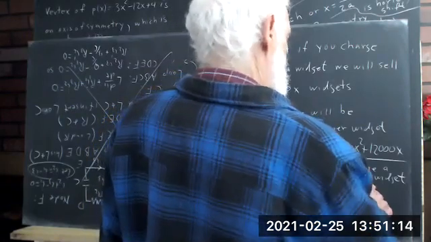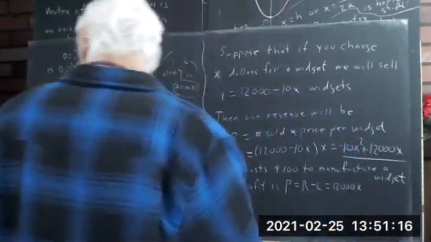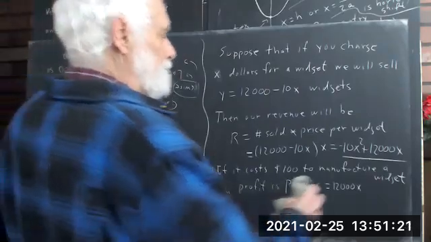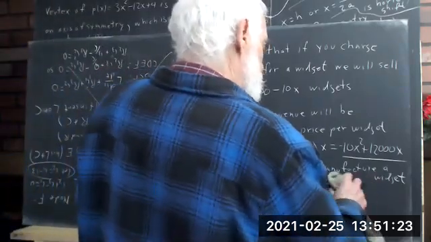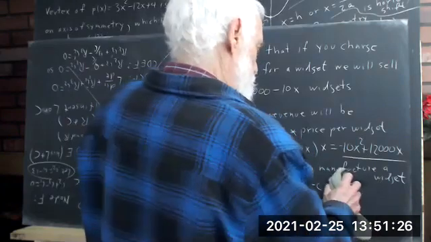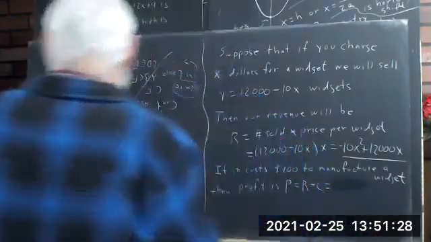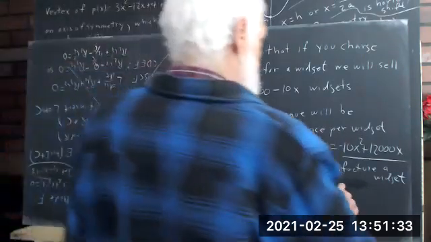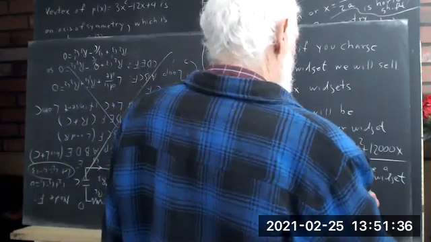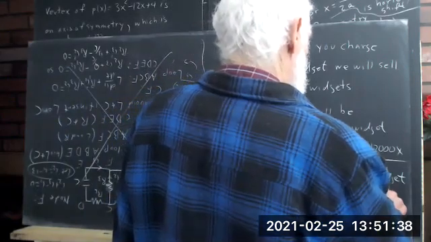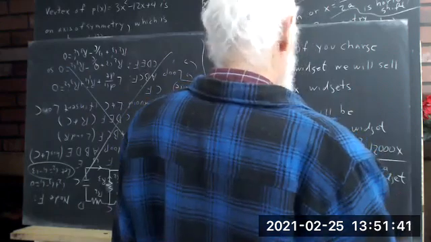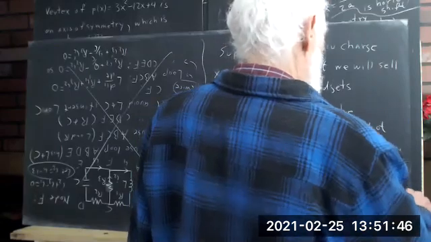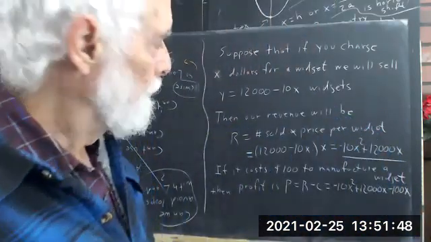12,000x. I want to write this in the standard order. Negative 10x squared plus 12,000x minus 100x.